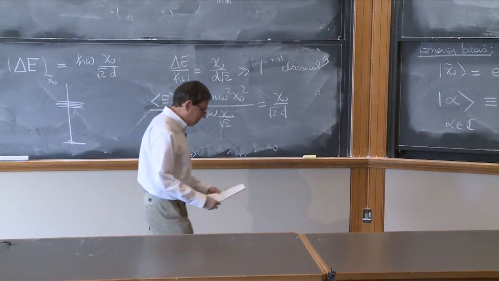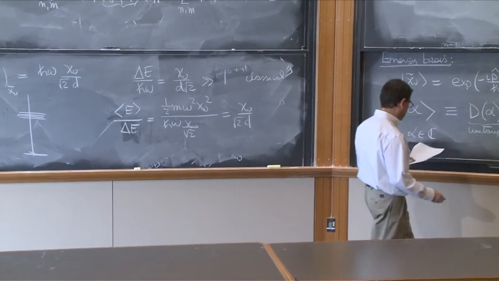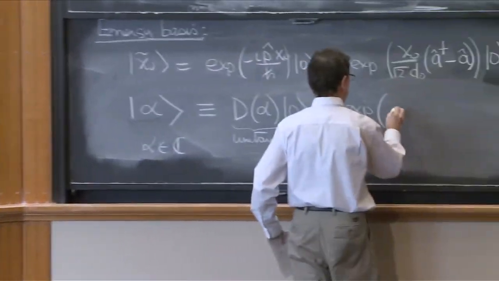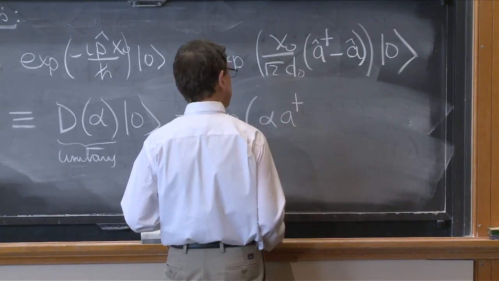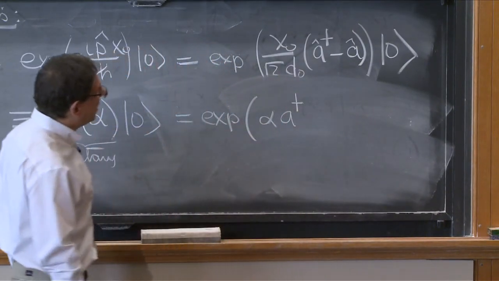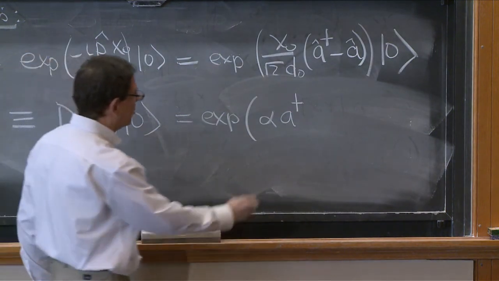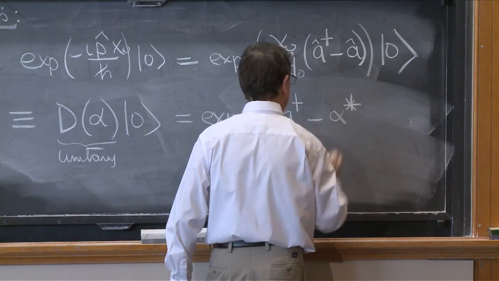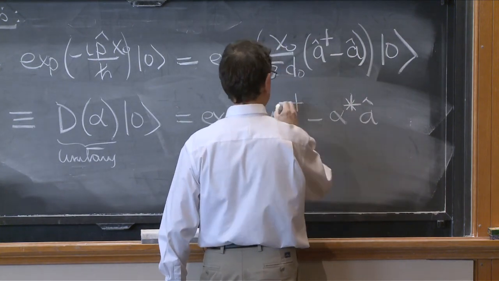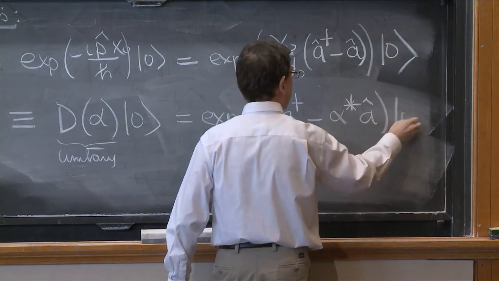It's all over the place. So how do we do this? We do this exponential of alpha A dagger. And I want it to be anti-Hermitian, so I should put minus alpha star A, on the vacuum.